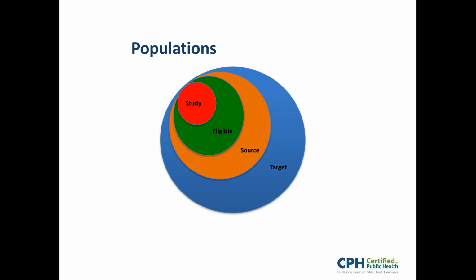Our next ring is our source population, which includes the specific individuals from which we want to draw a representative sample for our study. The eligible population, or the sample population, are individuals who actually meet the eligibility criteria and are invited to participate in our study. And then the study population is just as it sounds, those individuals who actually participate in our study. Okay, next slide, please.